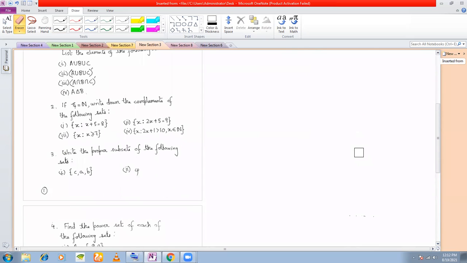The next question here is, if the universal set is the set of natural numbers, write the complements of the following sets. You have to find the complement of the set {x such that x plus 5 is equal to 8}. If you solve this equation, x plus 5 is equal to 8, you get x is equal to 3.